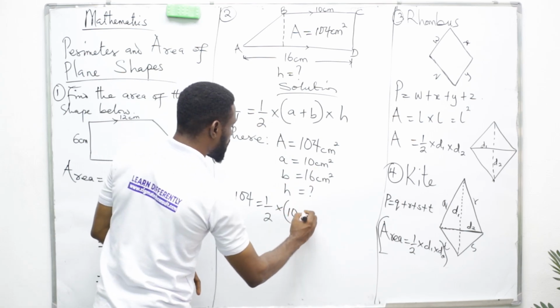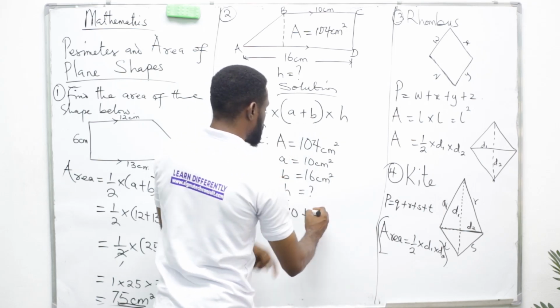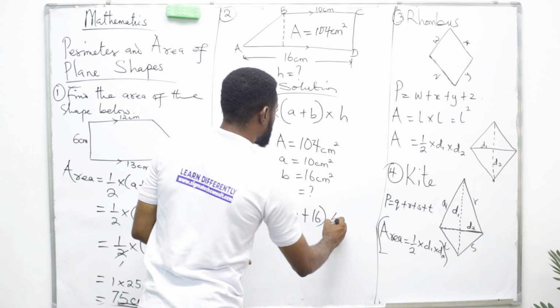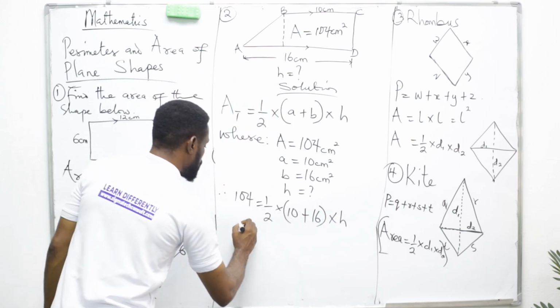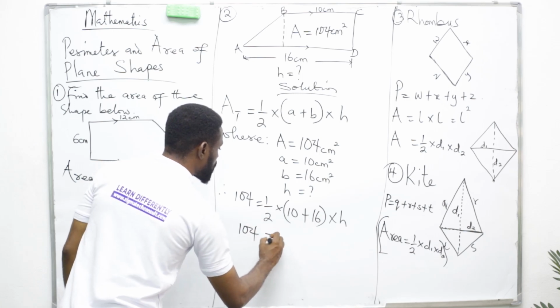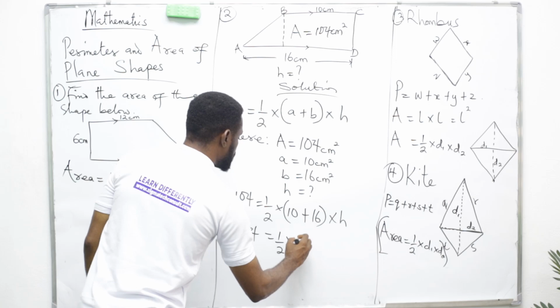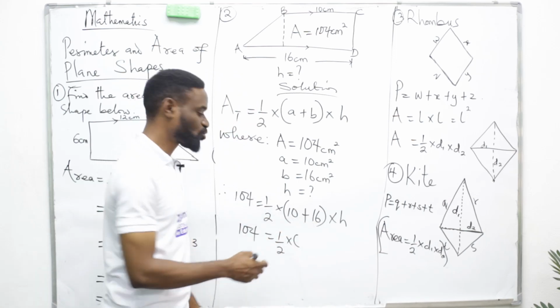So we put 10 there, plus, what is our B? Our B is 16, times height. You get that now? So this will give us 104 is equal to 1 over 2 times 10 plus 16 gives us 26.